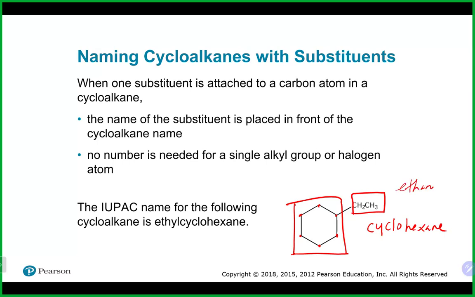And since it is a group, it will now become an ethyl group in this particular case, and that will give us ethylcyclohexane. Now, you do not need to give the number in this particular case because there is only one group attached, and wherever that group is in this ring is always considered carbon number 1 in this particular case.